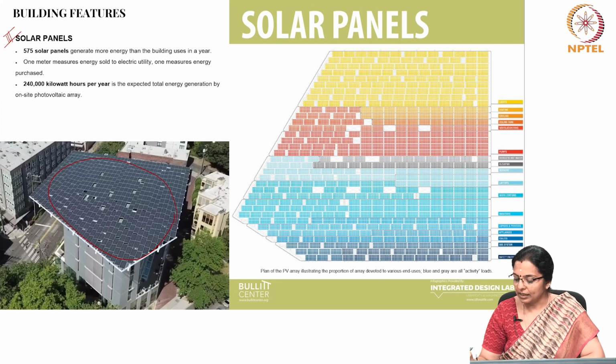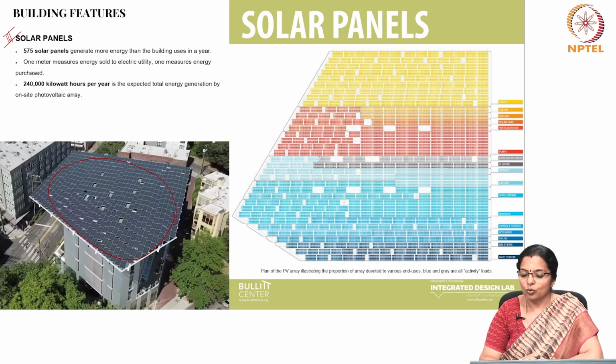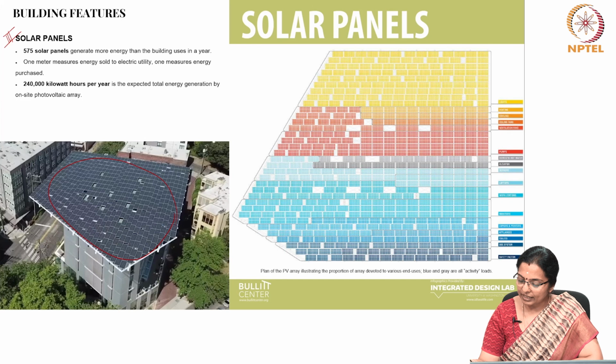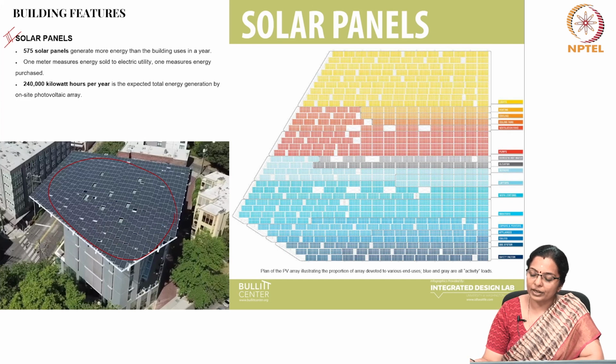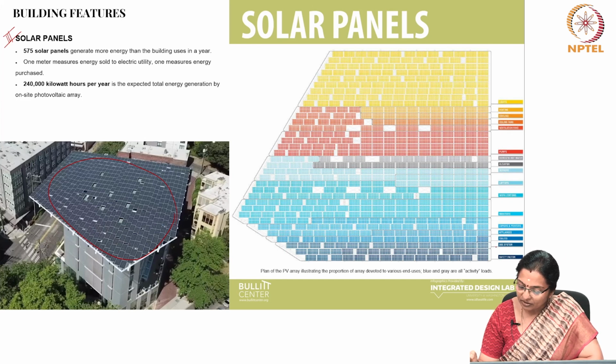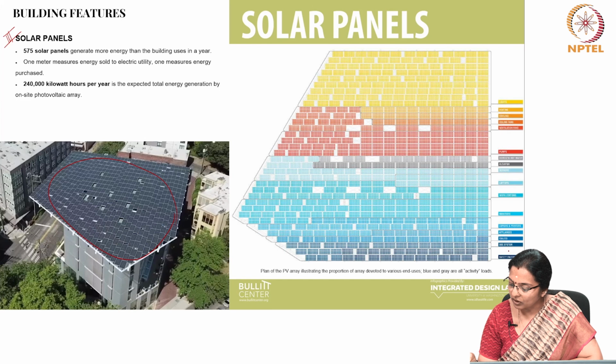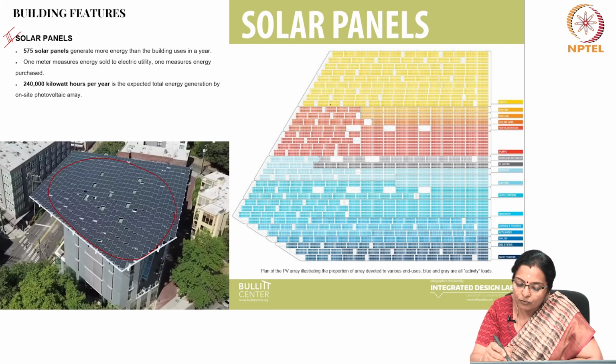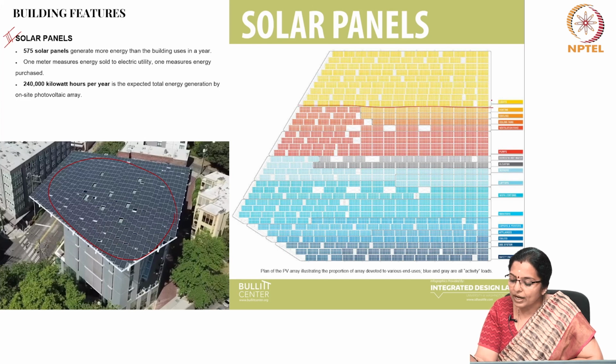Here you can see how the solar energy that is generated is also calculated and diverted to appropriate work areas. So, so much of the solar arrays are used for lighting. For heating and cooling, so many solar arrays are used.